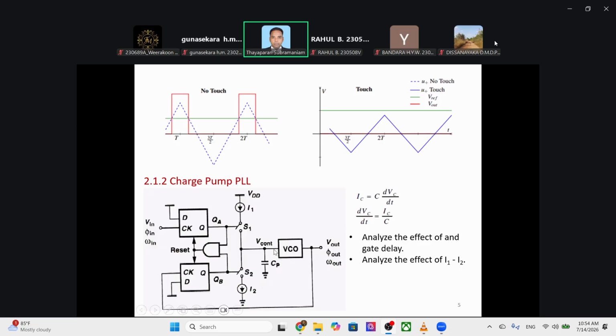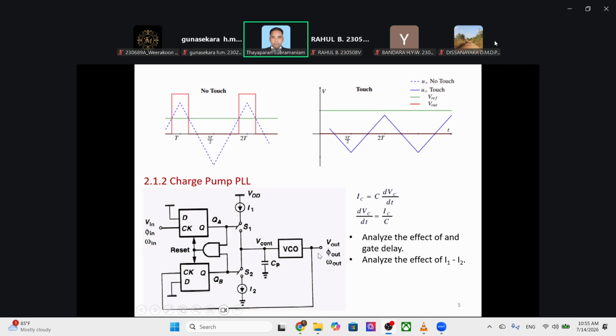So it will be the input voltage. We get a continuous voltage here because it is easy to have a stable voltage across the capacitor. Now the noise effect is much less, because capacitor CP will charge and discharge and produce a stable voltage at the input of the VCO, so less noise at the output.